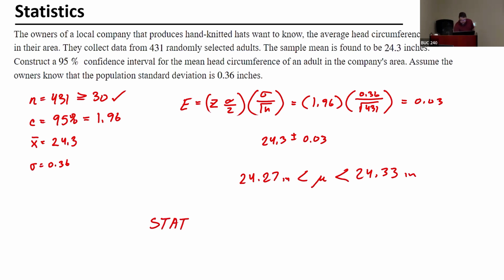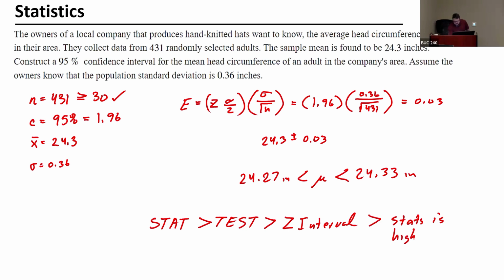Hit your stat key. Scroll to test. And go to Z interval. And then make sure stats is highlighted.